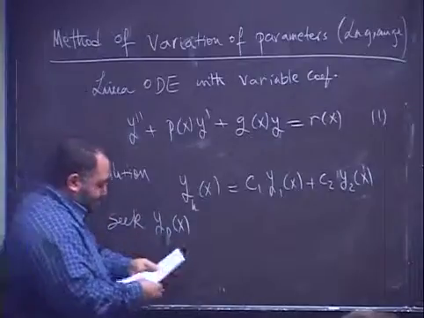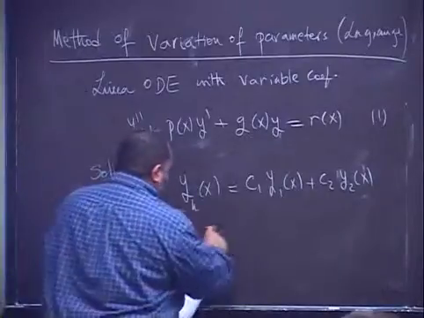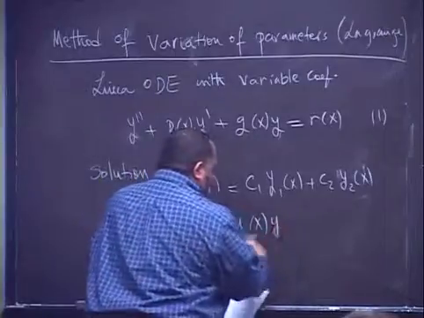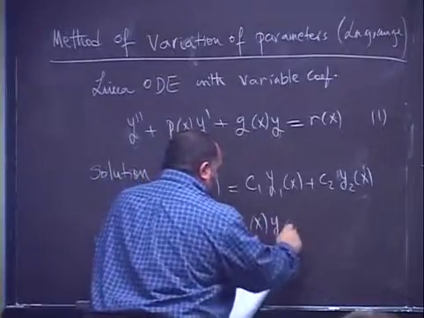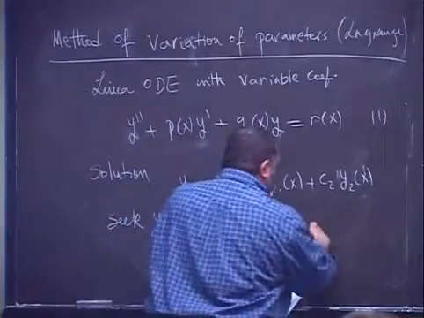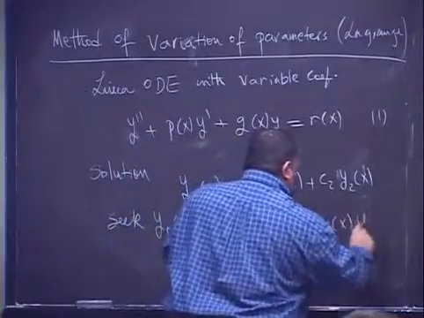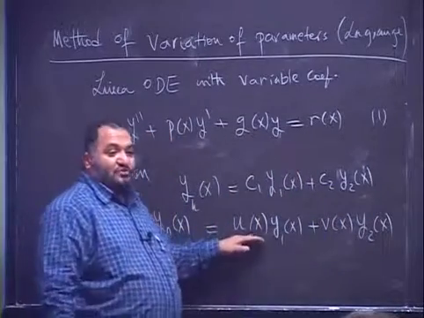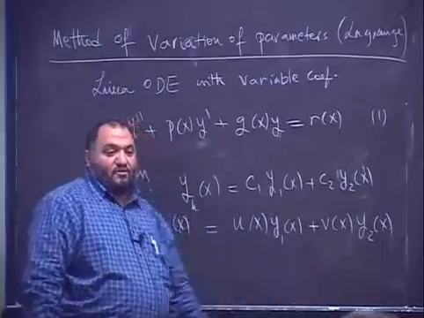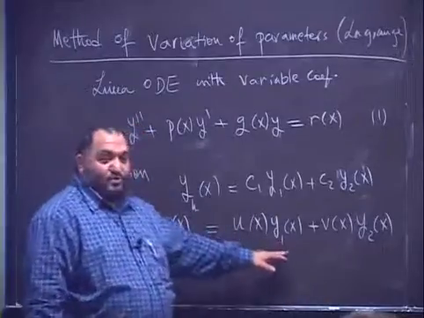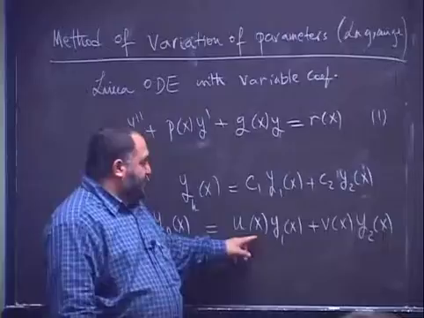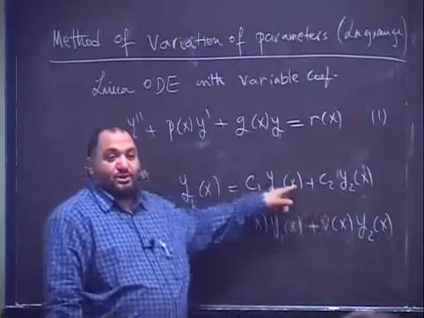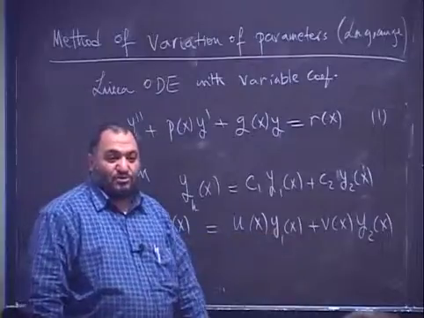We will seek a solution yp of x as a combination of some function u of x times y1 of x plus v of x times y2 of x. So we'll try to find the function u of x and the function v of x that we multiply by the linearly independent solutions that we already calculated from the homogeneous solution.